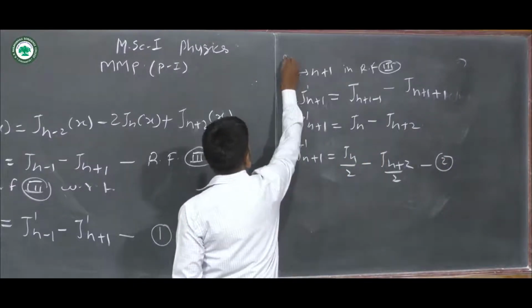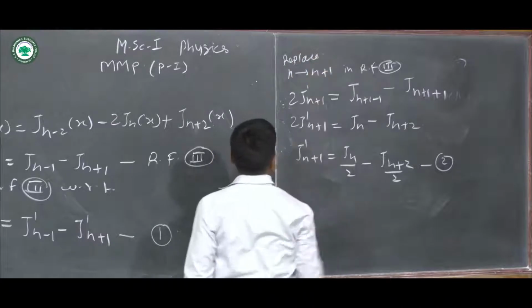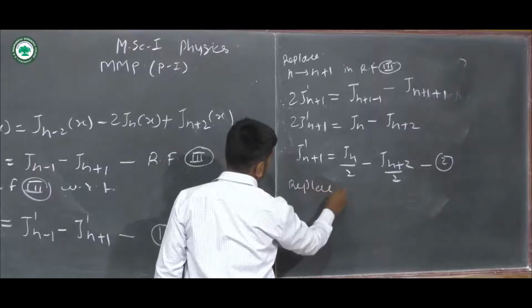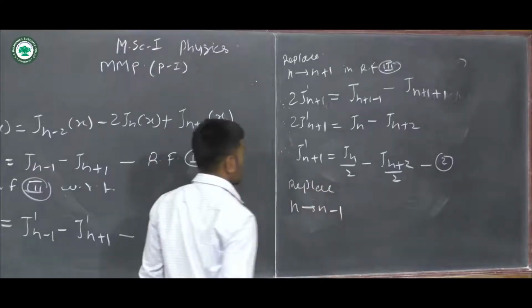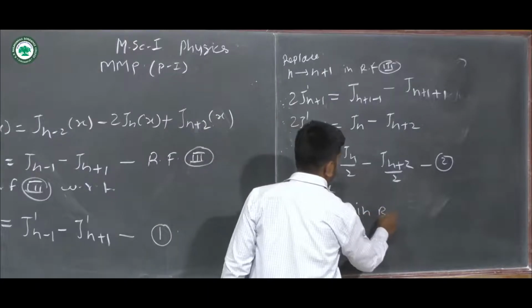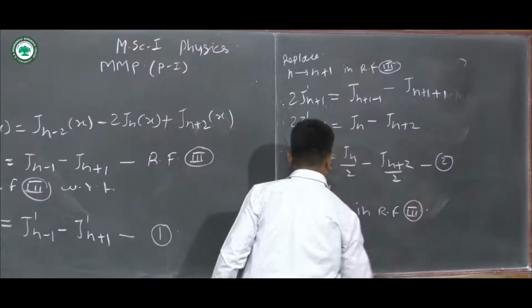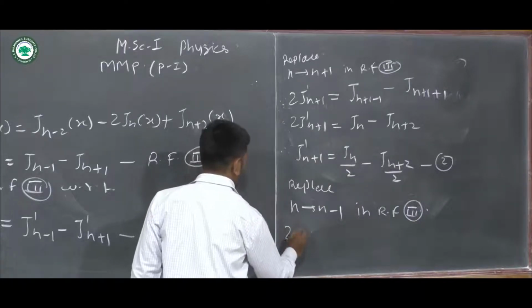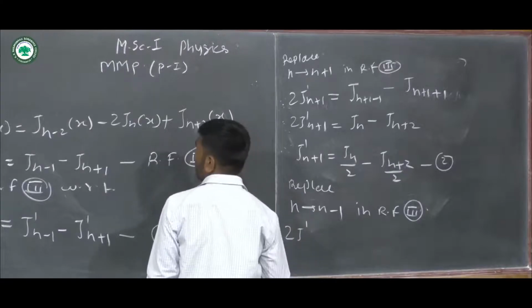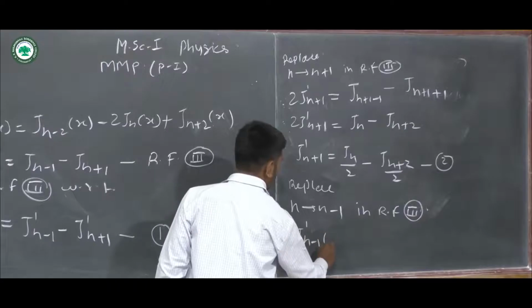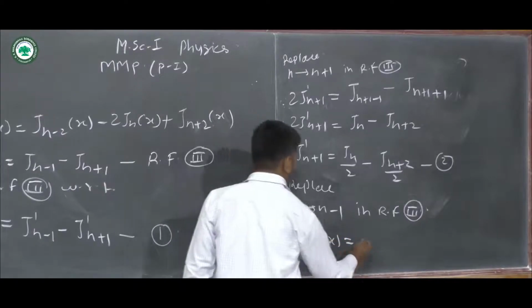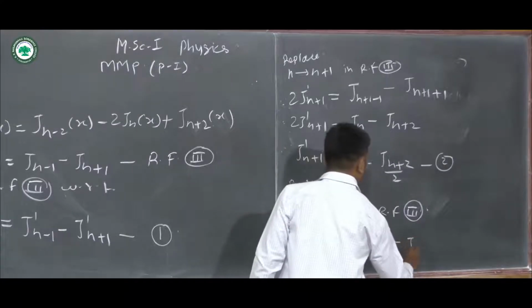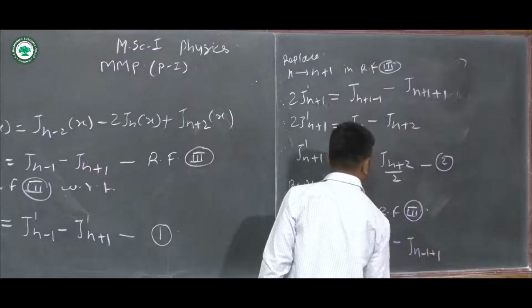Now I replace n with n-1 in the third recursion formula. If I replace n with n-1, it is 2J'(n-1)(x) = J(n-1-1) - J(n-1+1).